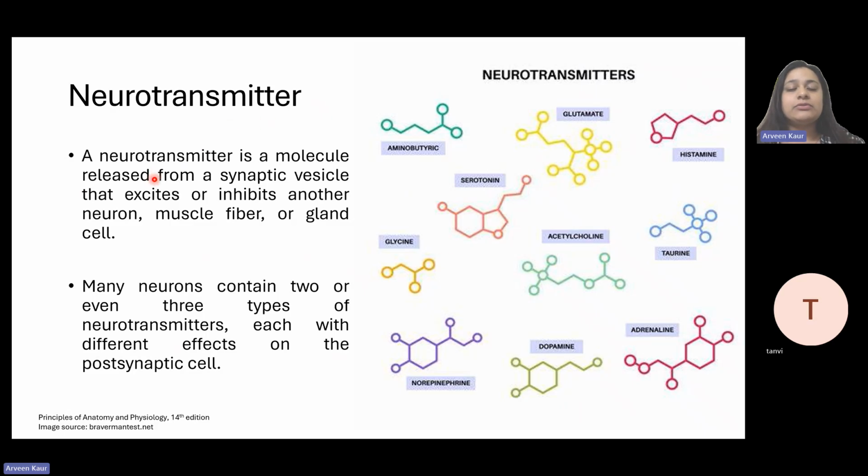These are basically molecules which are released from a synaptic vesicle, which excite or inhibit another neuron, muscle fiber, or gland cell. So whatever effector is present, based on what is the neurotransmitter and based on what is the effector cell, it will either excite that cell, that is, if it is functioning, it will function even more. If it is not functioning, it will start to function, or it will inhibit the function of the effector.